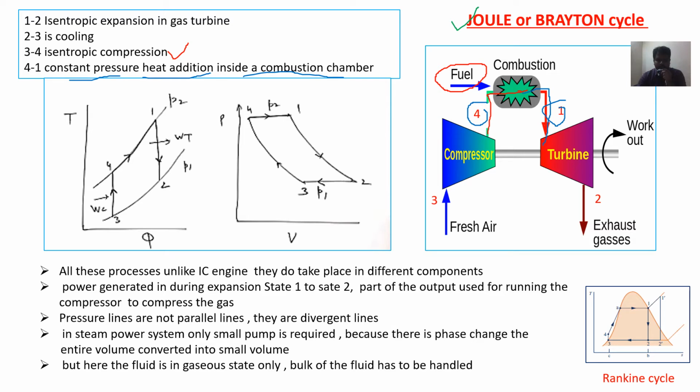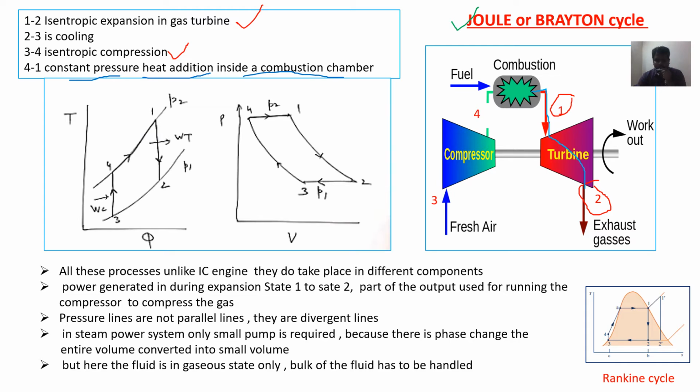The next process is 1 to 2. 1 to 2 is the isentropic expansion in the turbine. High energy flue gases will enter into the turbine and it will expand isentropically between 1 and 2.